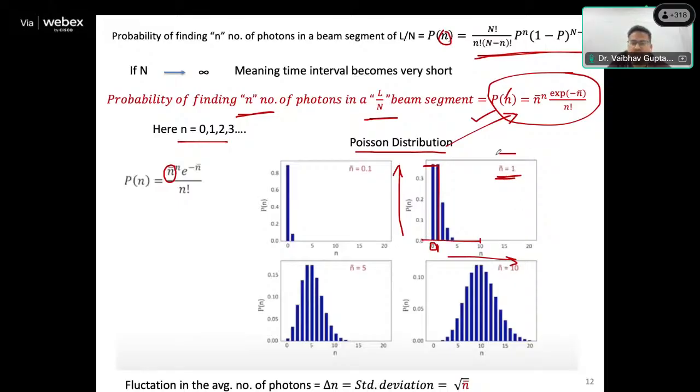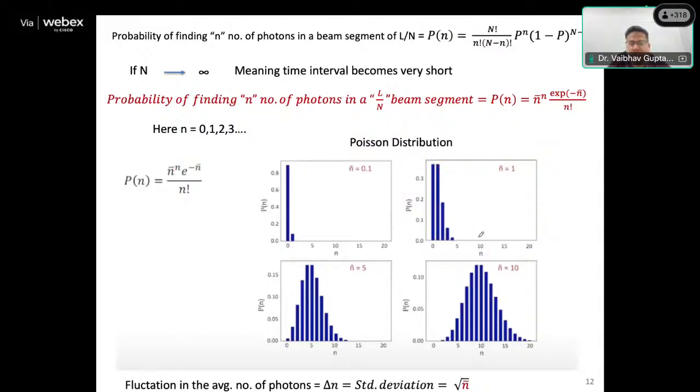So if the mean or average number of photons is 1, then the probability of finding 10 photons is about 0. Now you can do this mathematically also. You know n bar is 1, and suppose you want p0, the probability of finding 0 photons if the average number is 1. So n bar is 1 and n is 0.